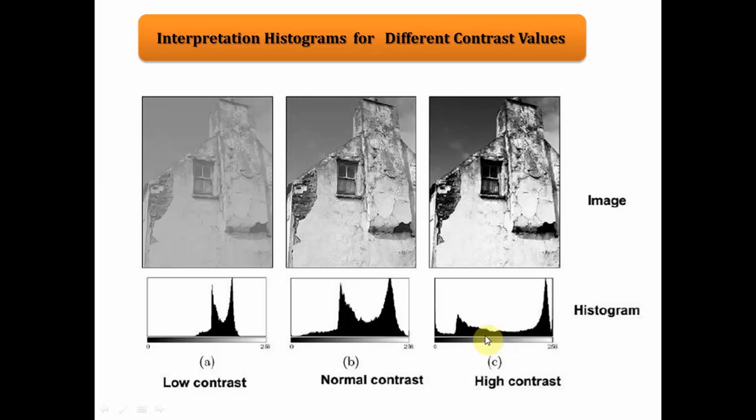I have spread my histogram from the minimum value to the maximum value, which will give me a high contrast image of that input image. High contrast means you will have the maximum pixel values, as you are covering from the lowest 0 to L minus 1 value. So this is the basic difference between low contrast, normal contrast and high contrast.